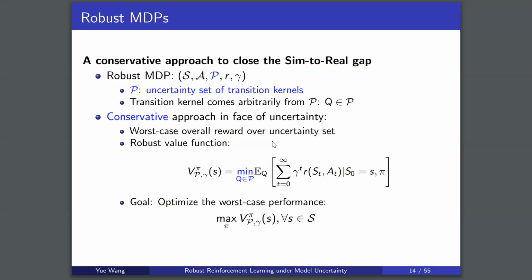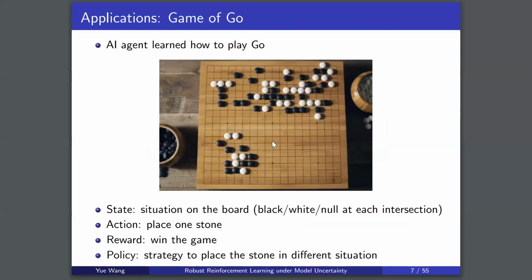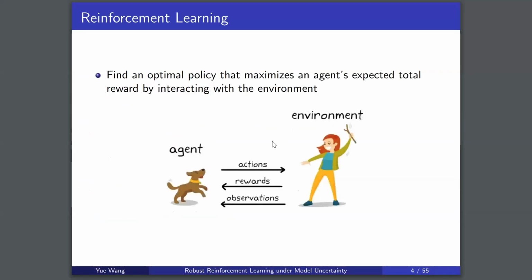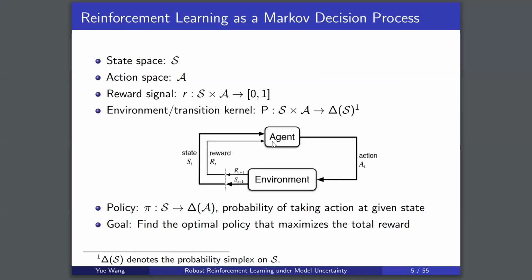So what is the transition kernel in a given situation? The transition kernel captures the transition of the environment. If we go back to the very beginning, the MDP: after an agent takes an action, the environment will transit to the next state according to this transition kernel.